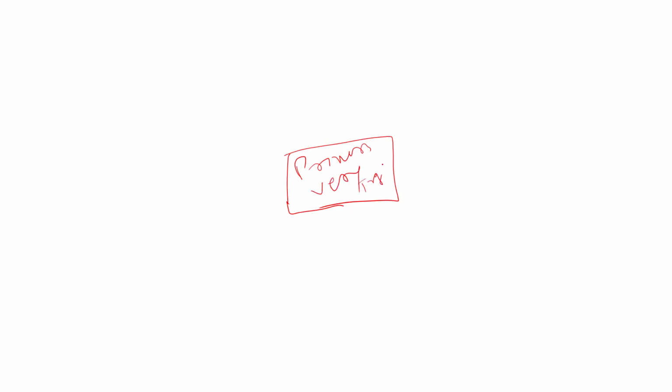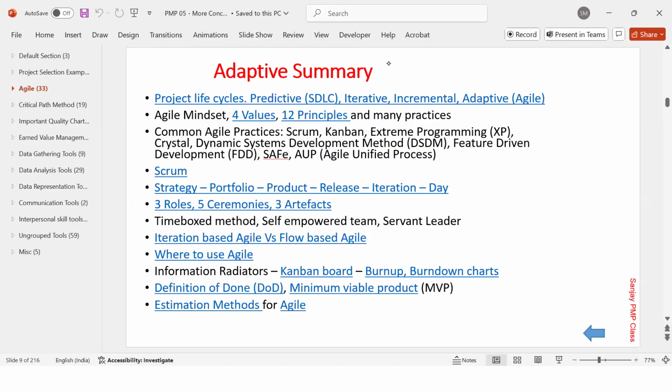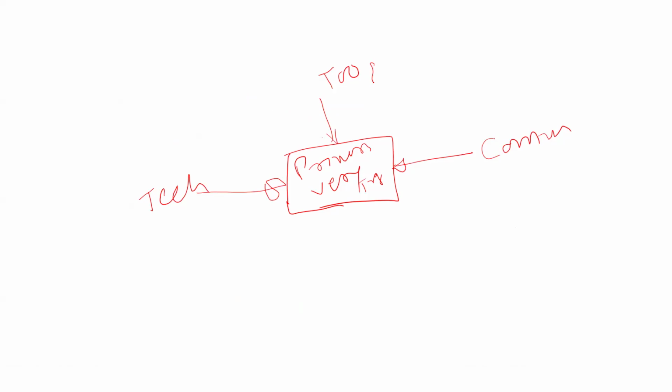Now in the training, I need to see what the technical requirements are. I also need to see what the commercial aspects are, what the tools required for this training are, and what the expectations are from the type of customer.